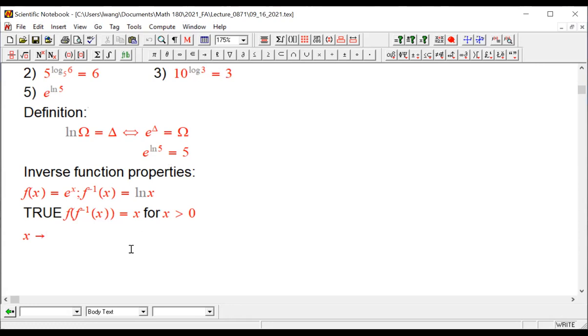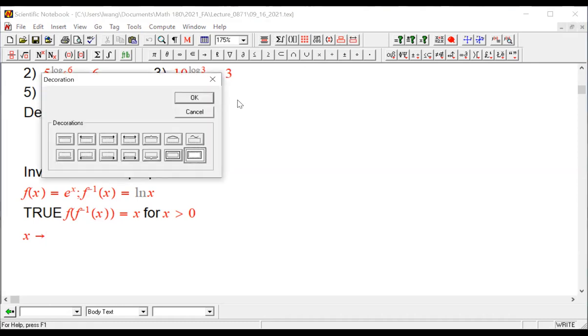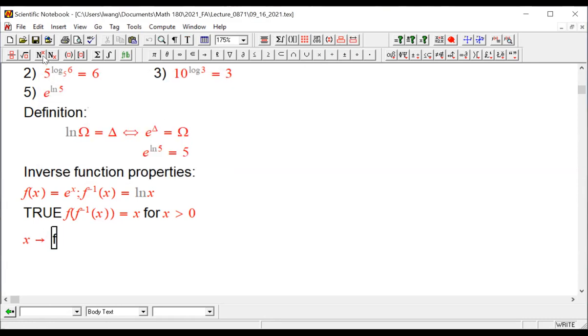So my input X will be immediately acted on by f inverse. So this X has to be in the domain of f inverse. Do you guys follow me? The symbol doesn't matter.